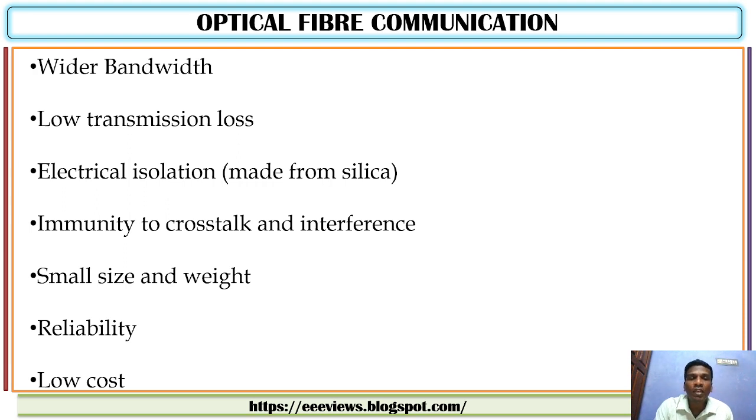When using copper wire, the bandwidth is low, so for that reason we are shifting towards optical cable. With optical cable you get wider bandwidth, less transmission loss, less interference, small size, reliability, and low cost. So today communication is happening over optical fiber cables.